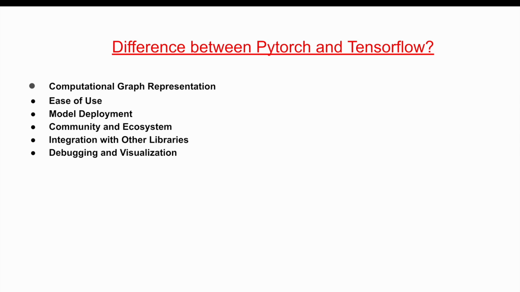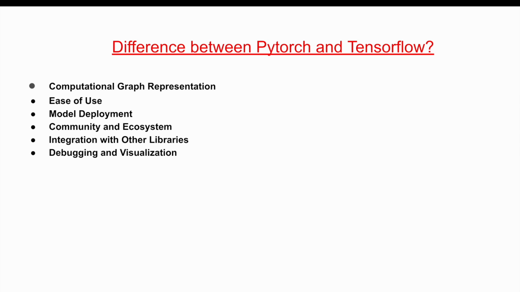So both PyTorch and TensorFlow are popular deep learning frameworks, and each has its own strengths and characteristics. I'm just going to go very quickly and highlight some of the key differences, but similarities first: they are both used in deep learning and machine learning.